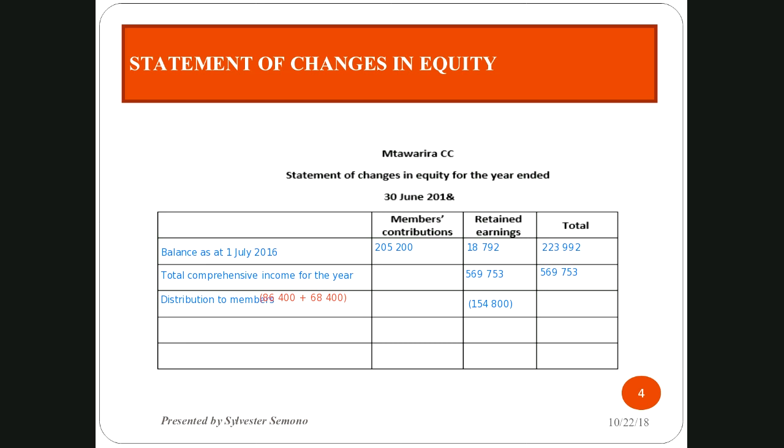Okay. And the last thing that we need to find, guys, is the balance at the end. Balance as at 30th of June 2017. And obviously here, I'm going to have 205,200. Help me with the other columns.